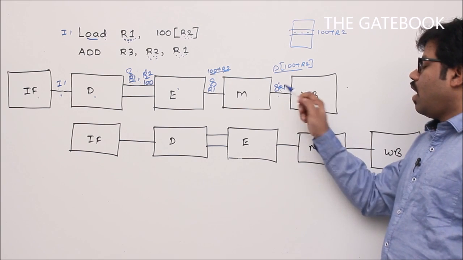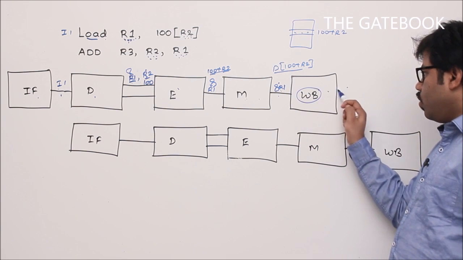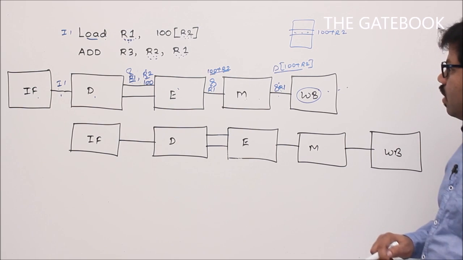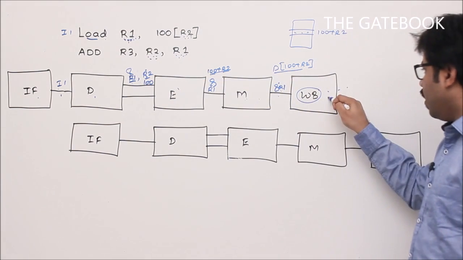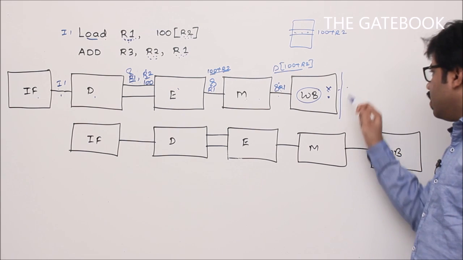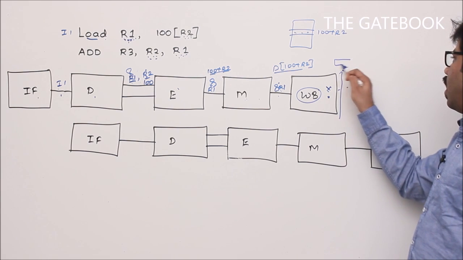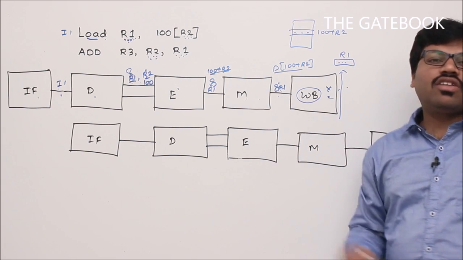Into R1, of course. We already have the address of R1, so the write back stage is going to do that. Now what I want to tell you is that finally the register R1 is getting updated here. Finally here you will have the original data in R1, right? Before that everything is wrong.